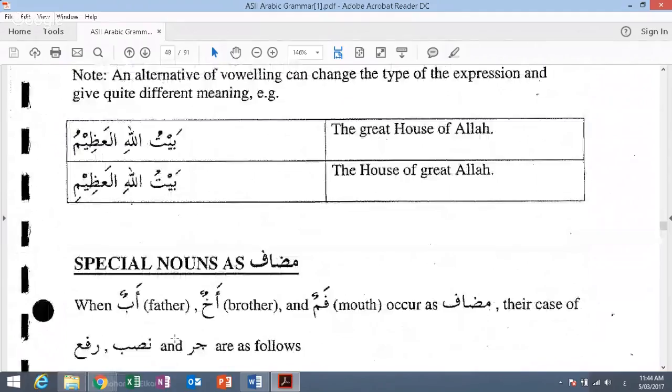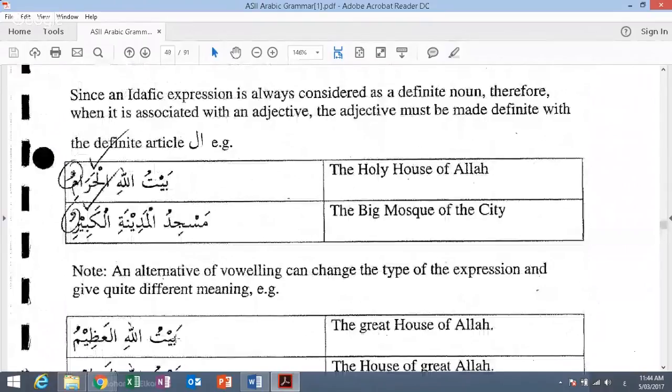And we have learned about mawsuf and sifat. So in the idafa case, if mudaf ilayh becomes mawsuf, in that case we have to match the sifa.